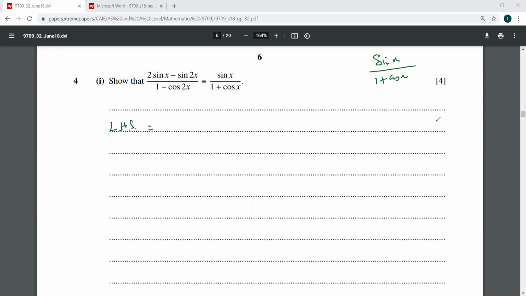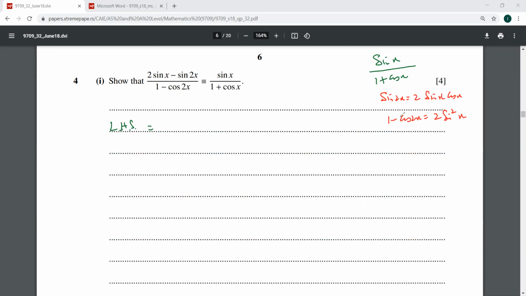So on the side notes here, I should say that sine 2x is 2 sine x cos x, and 1 minus cos 2x is 2 sine square x.